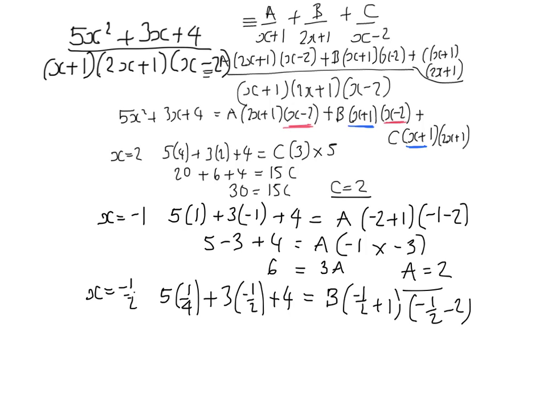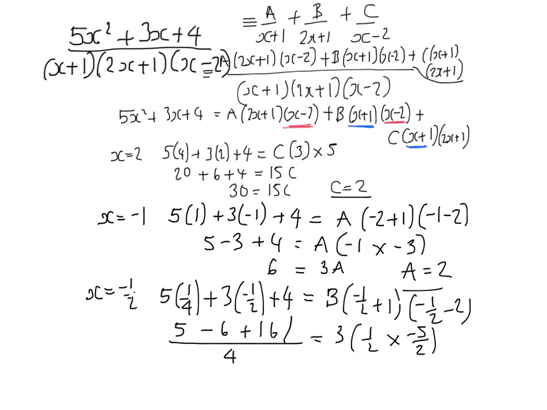Okay, so I'm going to make all of this have a denominator of 4 because I've got 5 quarters there. And then I've got minus 3 halves, which is minus 6 quarters, and then 16 quarters. And over here I've got 3 times a half times minus 5 over 2.